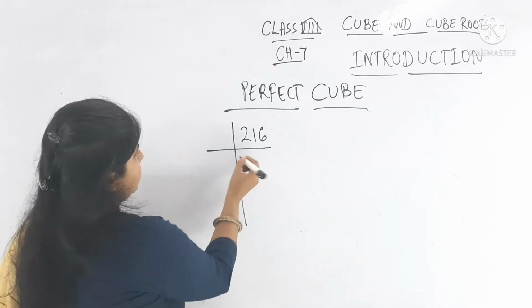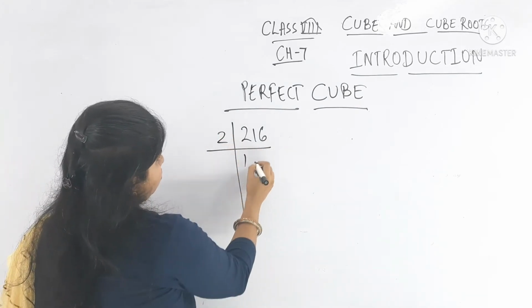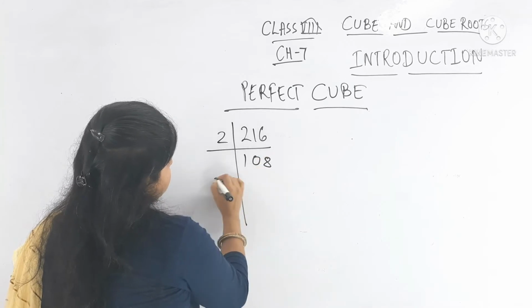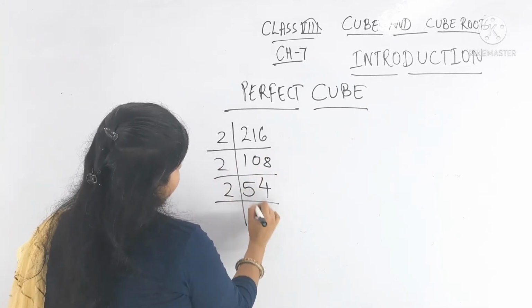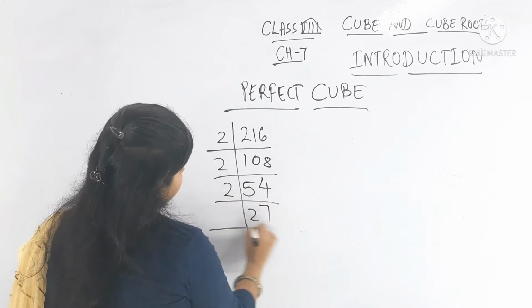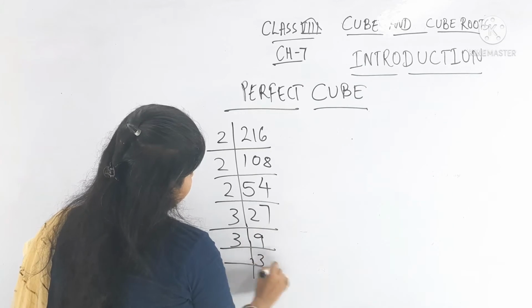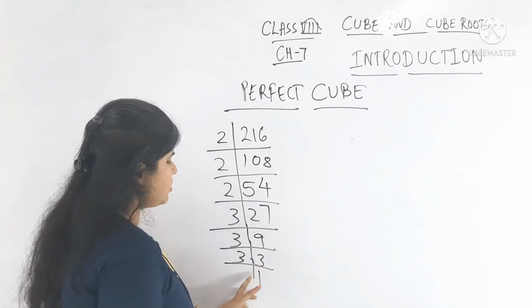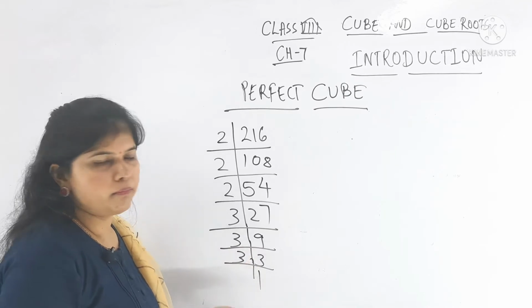So, here we will see for 216, the last digit is 6. 2 ones are 2, 2 twos are 4, 2 threes are 6, 3 twos are 6, 3 threes are 9, 3 ones are 3. We will not take 1 because it is not a prime number, okay.